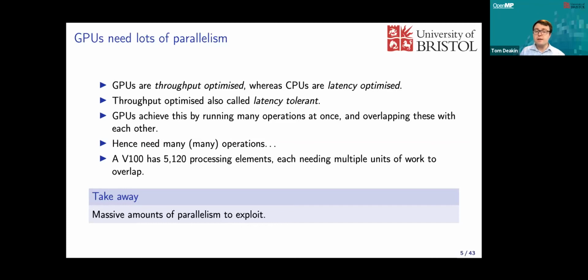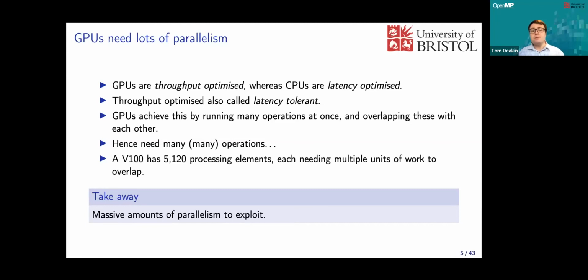So they sacrifice a large latency to do things like read from memory, for a throughput-based approach where you do lots and lots of operations in parallel, and overlap them with each other, so you hide all that latency.